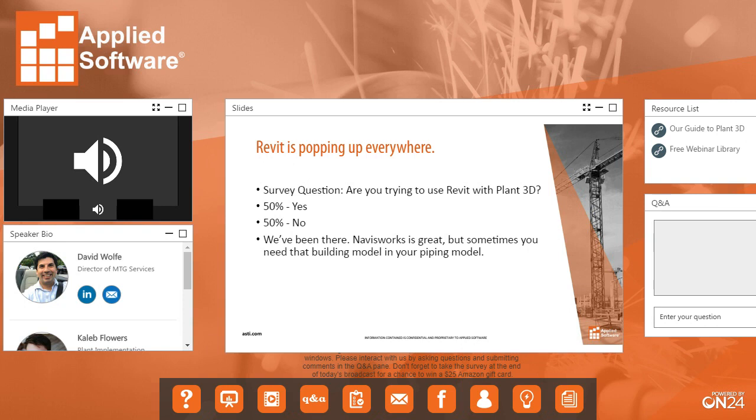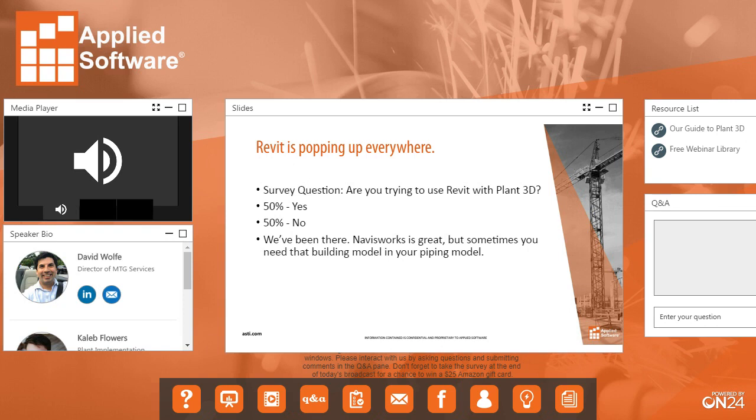Yeah, it's been a very typical workflow through almost every industry I've worked with to have some interaction with architectural or building models. And Revit is the soup du jour as far as architectural design engines these days.